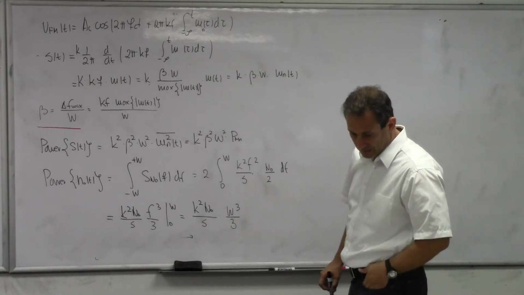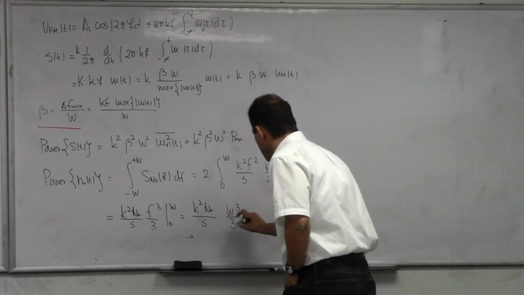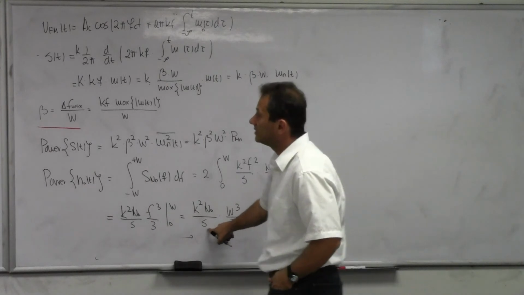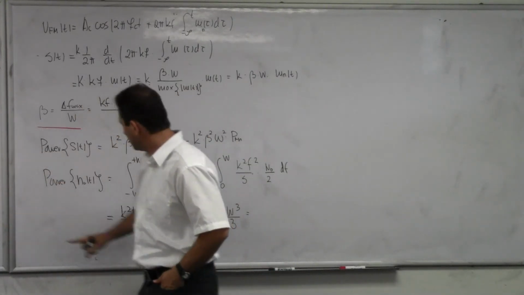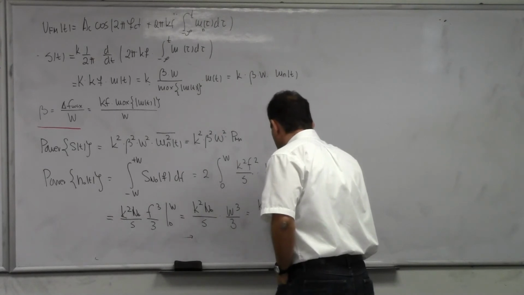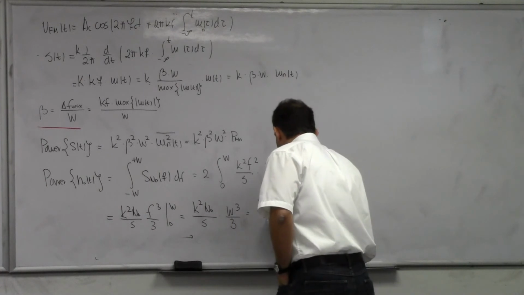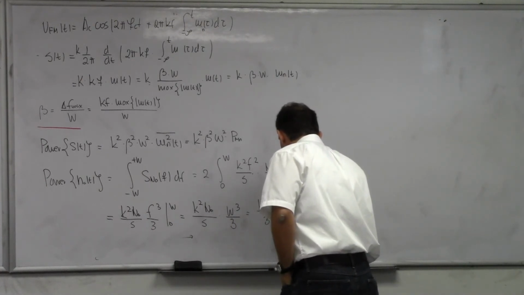Okay, so that's that. Since I have A_c squared here, let me replace S with the same thing. So it's K squared N0 times W cubed over 3 times A_c squared over 2.